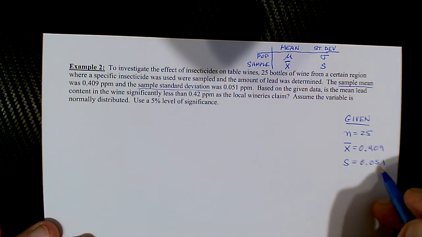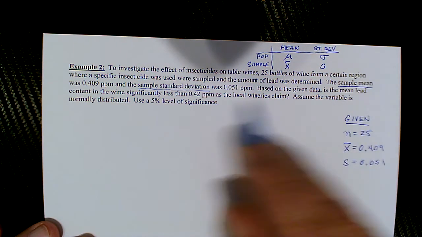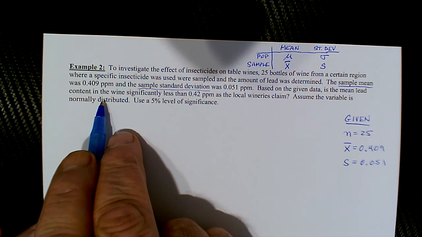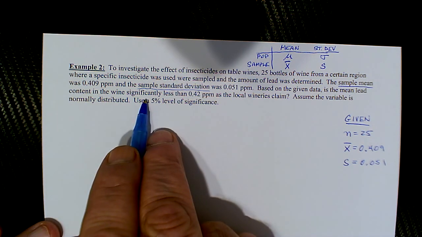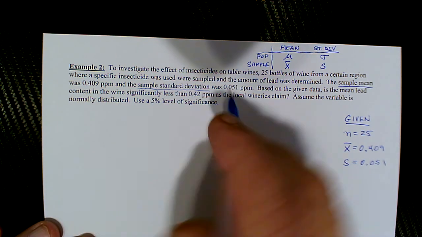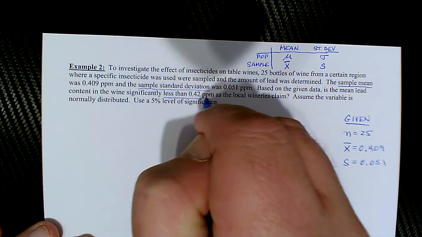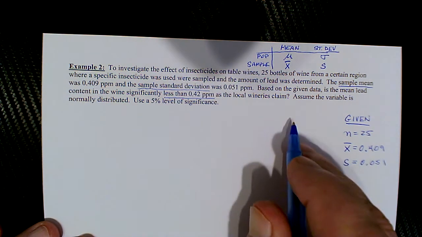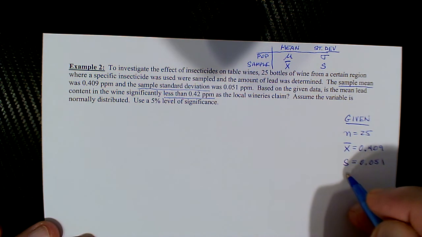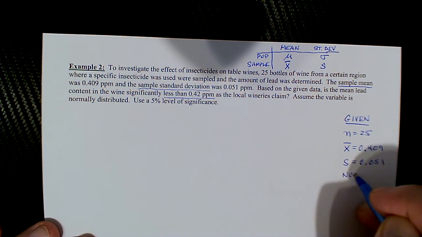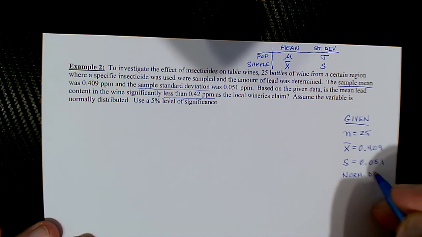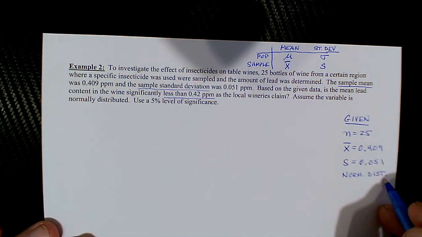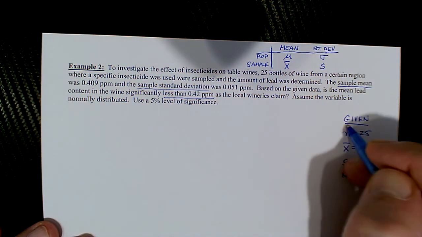Okay, so then continuing based on the data, is the mean lead content in the wine significantly less than 0.42? And assume the variable is normally distributed. Now that's a piece of information that we need because the sample size is less than 30.